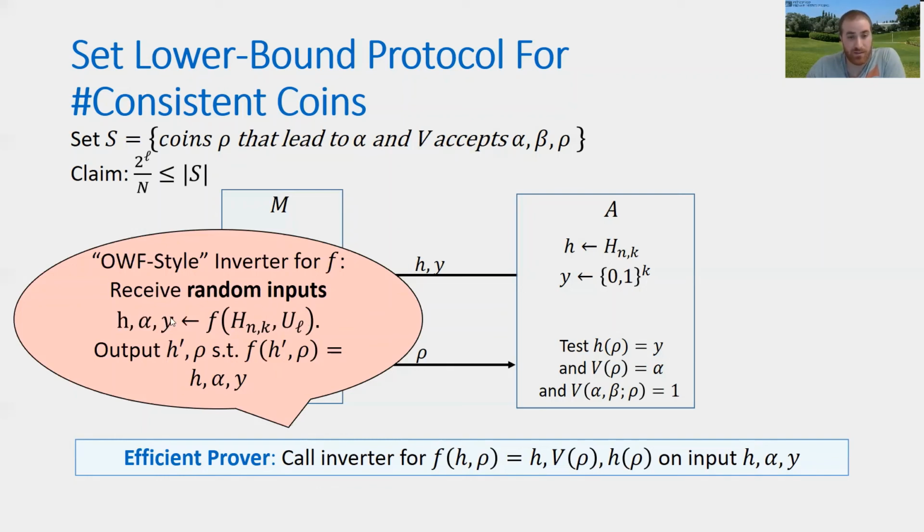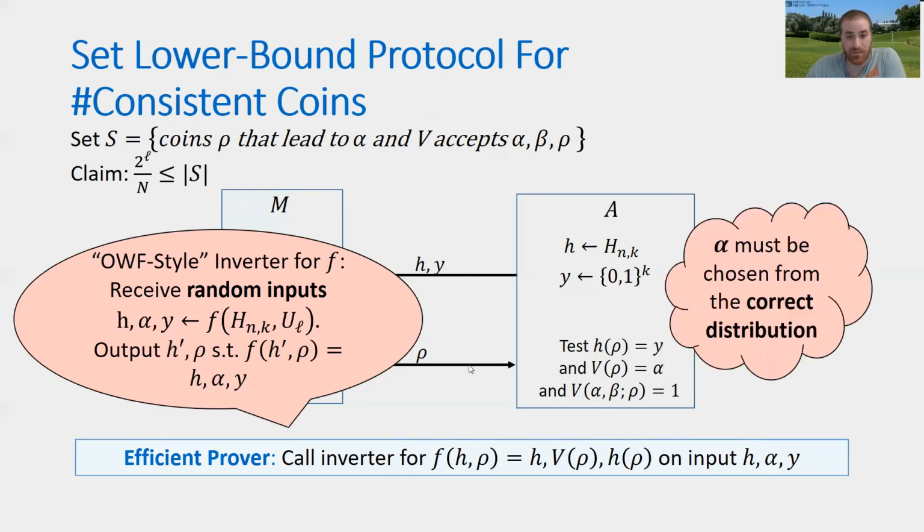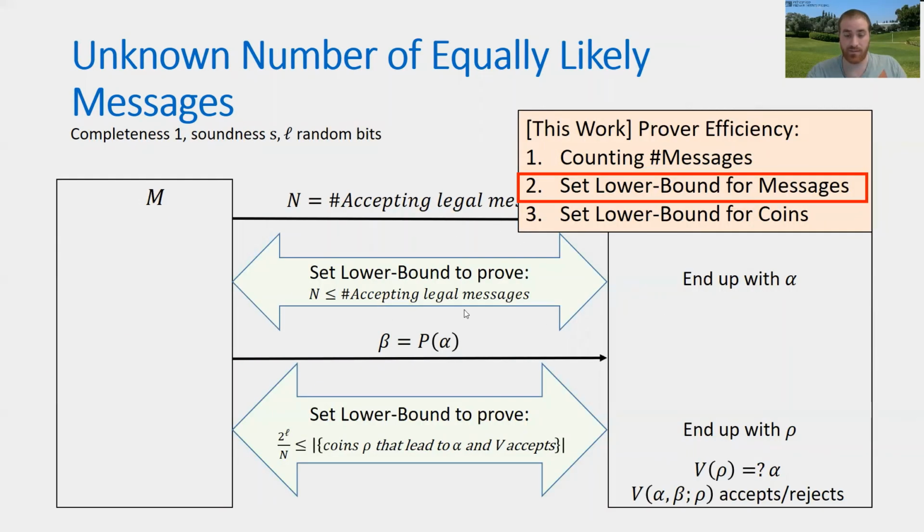So this means that alpha has to be chosen from the correct distribution of a random rho. And remember, alpha comes from the set lower bound protocol of before. That is, alpha was generated by this set lower bound protocol. So remember that in order to have an efficient prover, we gave the honest prover an inverter for some function where alphas are the pre-images of this function.